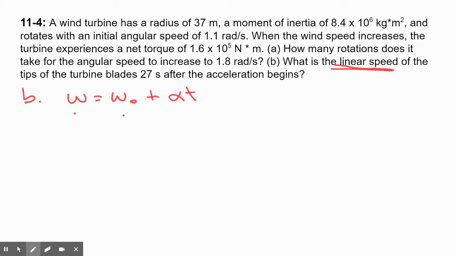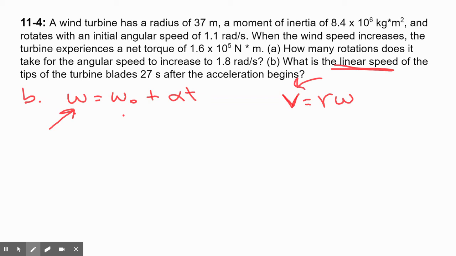So how are we going to get from angular speed to linear speed? Again, take a look at that equation chart, and that's supposed to be linear speed equals the radius times our angular speed.